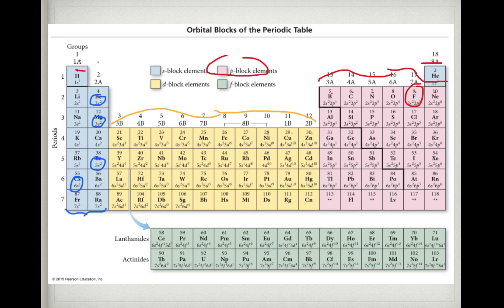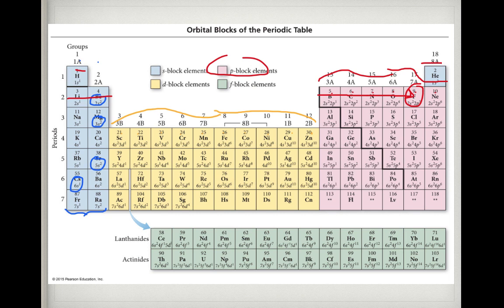So in period 2, we're going to have 2s2, and then we go 2p, 1, 2, 3, 4, 5 to get to fluorine. So we can use the periodic table not only to tell us the last entry in an electron configuration, but to figure out everything in it by reading left to right, top to bottom, looking at the periods.